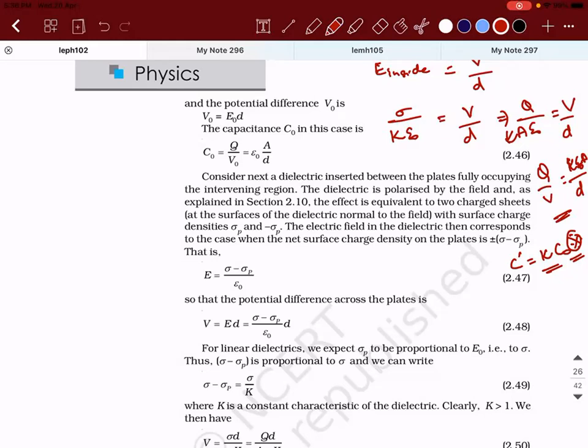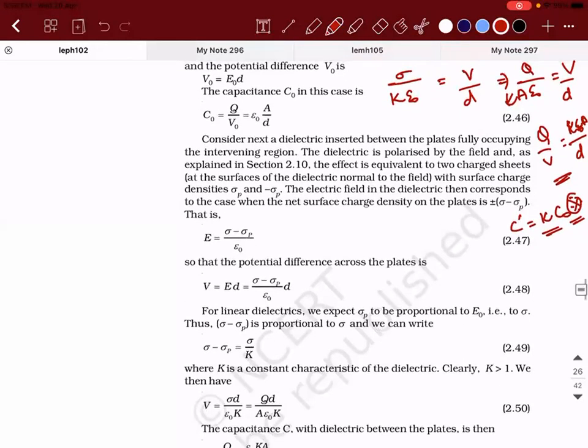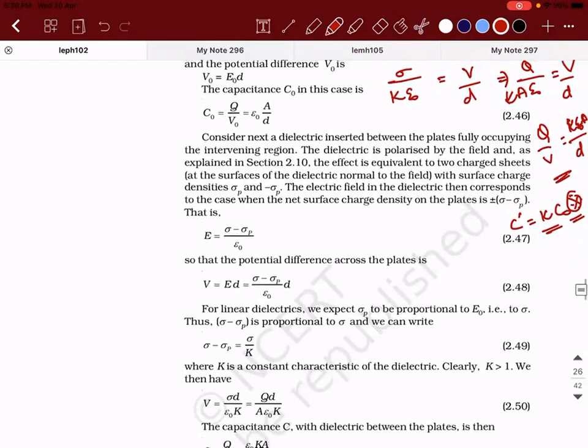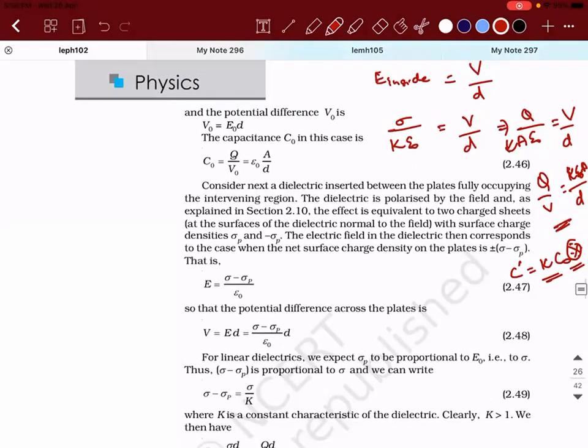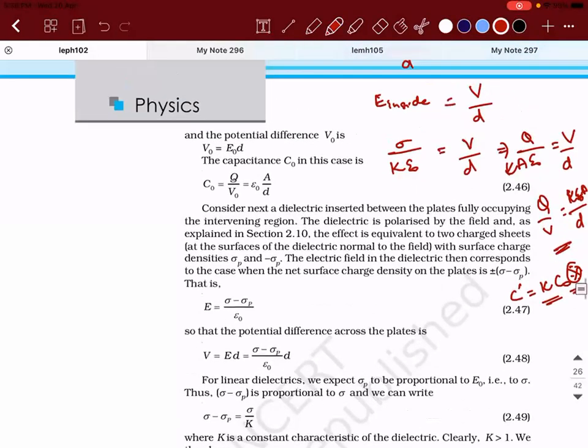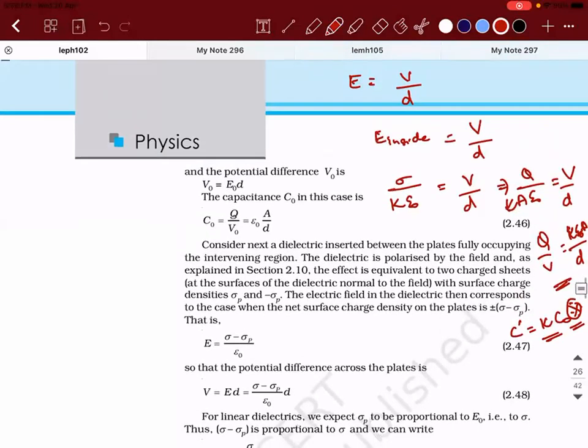Is that clear, guys? Okay. Here I want you all to make an important note. What is the thickness of dielectric? The thickness of dielectric in this scenario is D. First, write down this one, then I'll tell you about the next one.